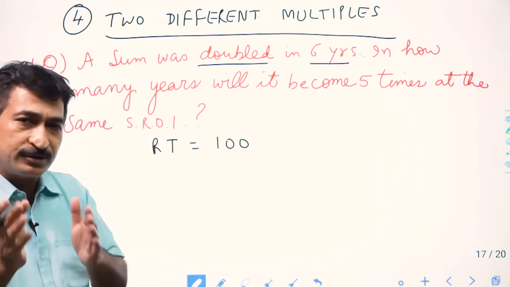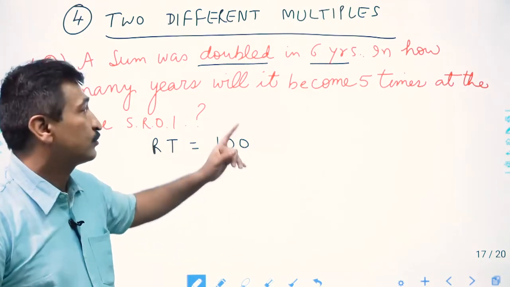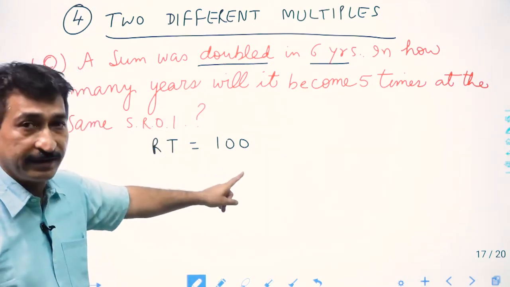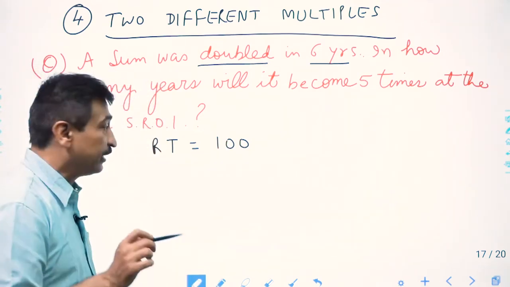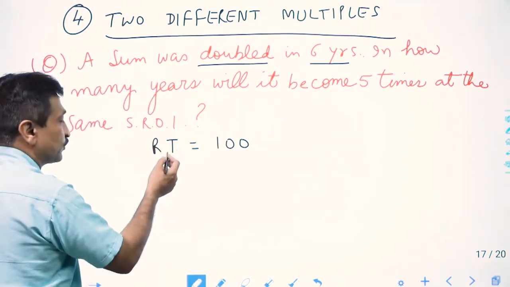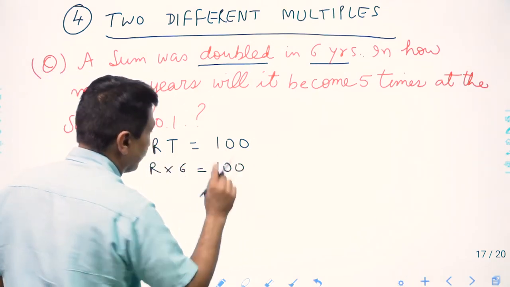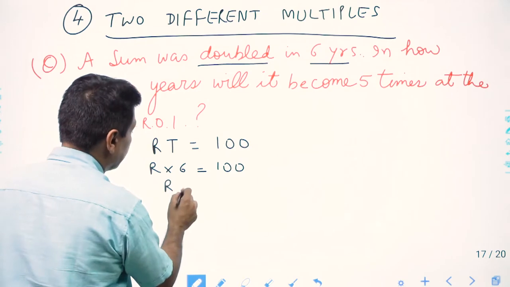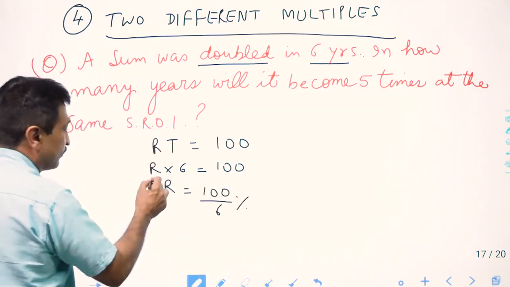So double means 200, 200% becomes in 6 years. So total interest in 6 years is 100. So R into 6 is equal to 100. So R is equal to 100 upon 6%. I have calculated the rate.